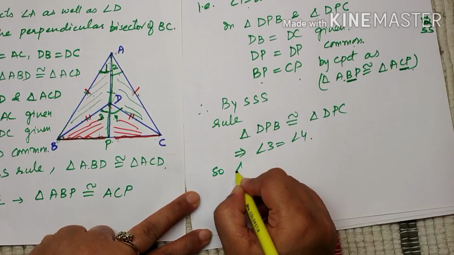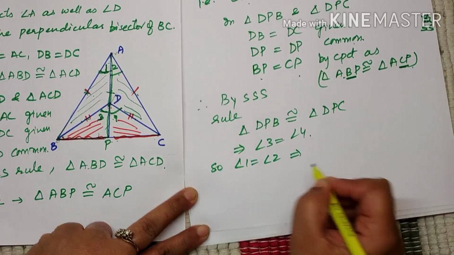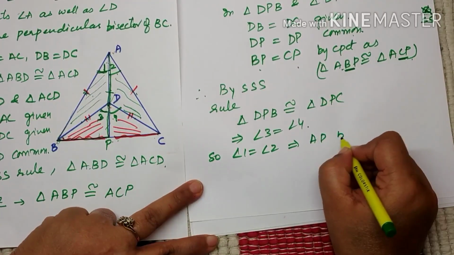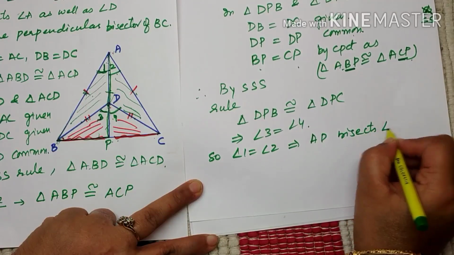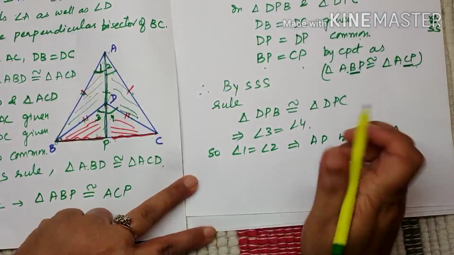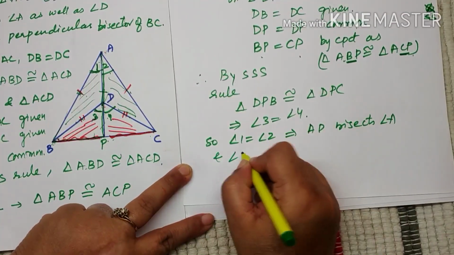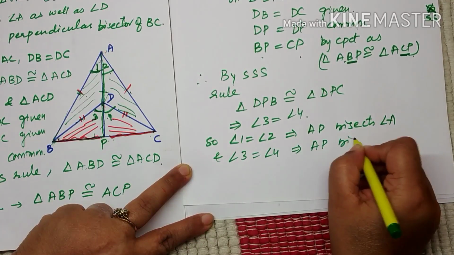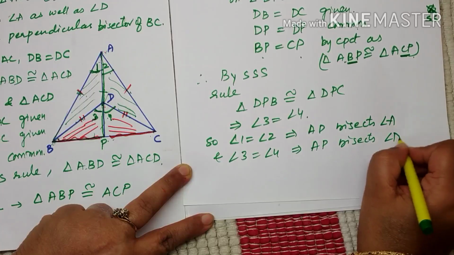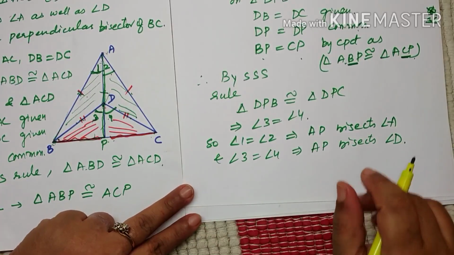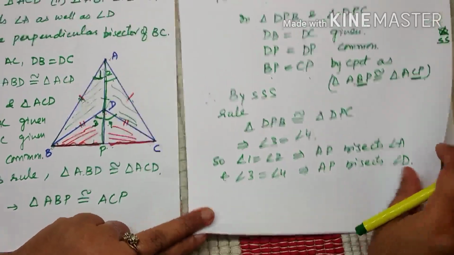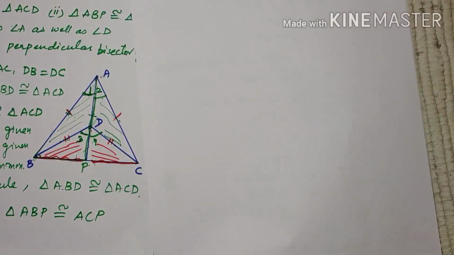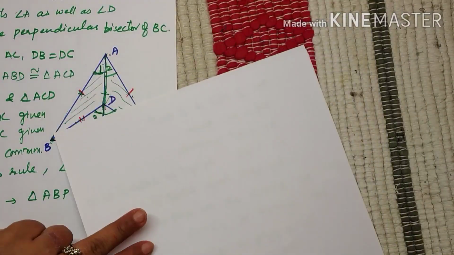So angle 1 equal to 2 implies AP bisects angle A, and angle 3 equal to 4 implies AP bisects angle D. So we proved the third part. Now for the fourth part, he says AP is the perpendicular bisector of BC.